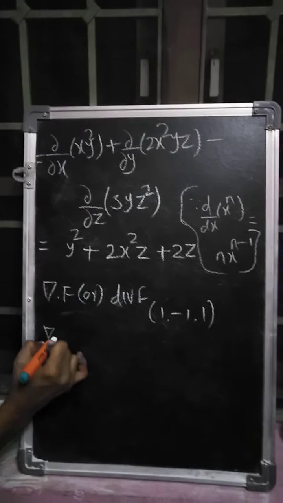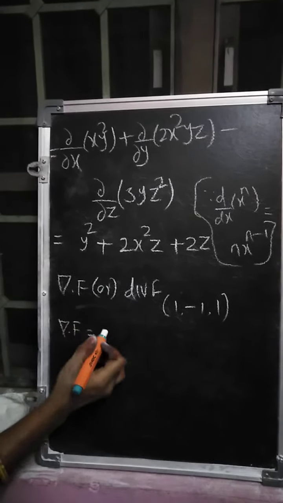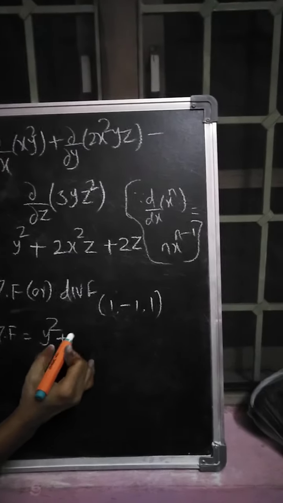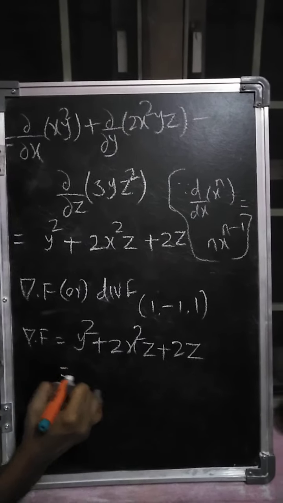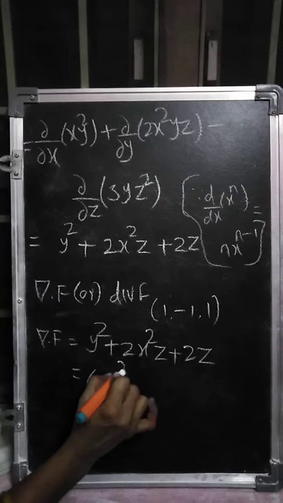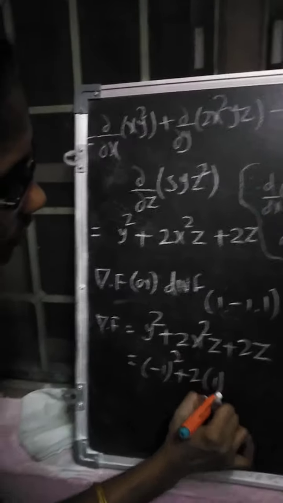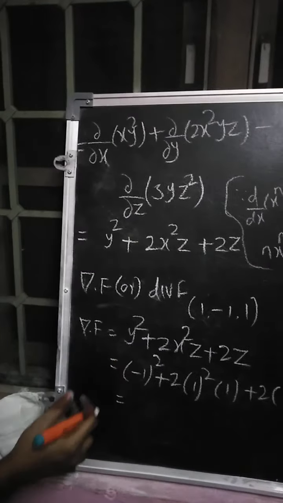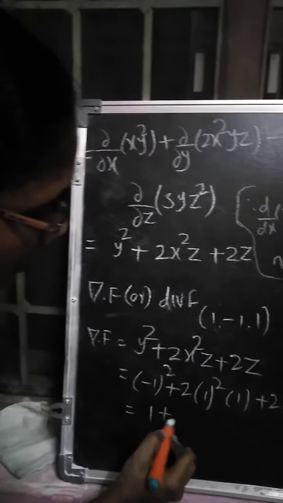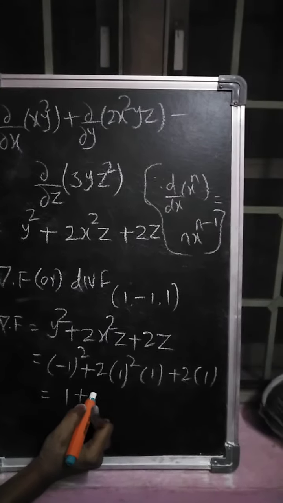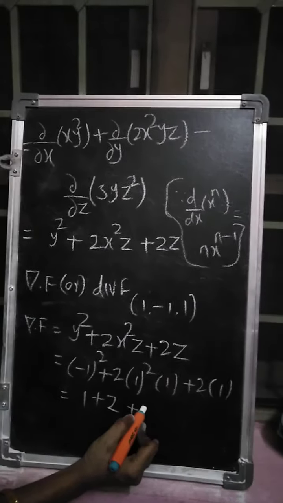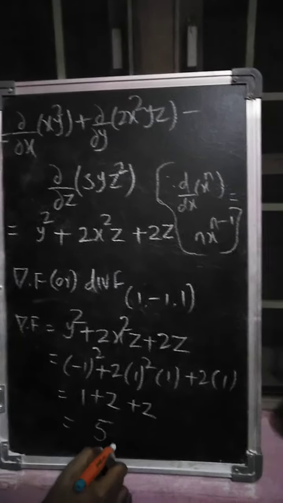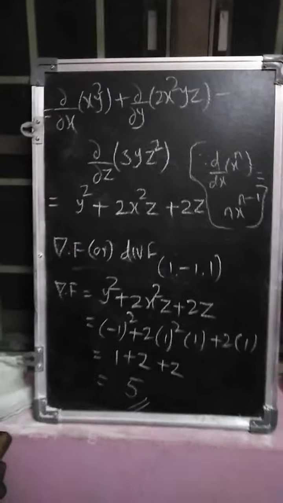So div f is equal to y² + 2x²z + 2z, which is (-1)² + 2 into 1² into 1, plus 2 into 1, that is 1 + 2 + 2. So the total value is 5. So this is the div f.